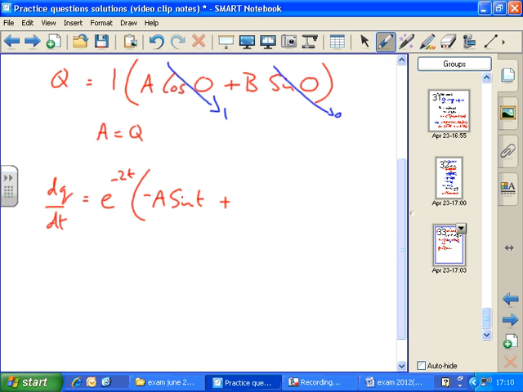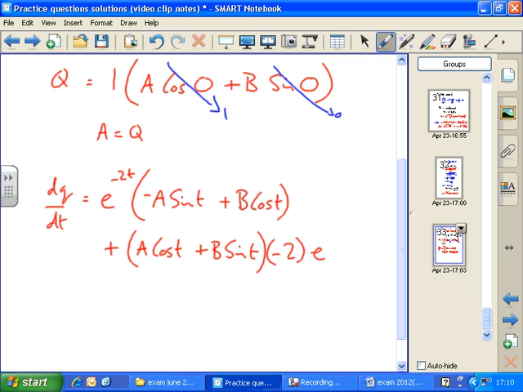Sine becomes cos, so b cos t, plus, so that's u dv plus v, which is a cos t plus b sine t times du, which is minus 2 e to the minus 2t. So that's my differential found.